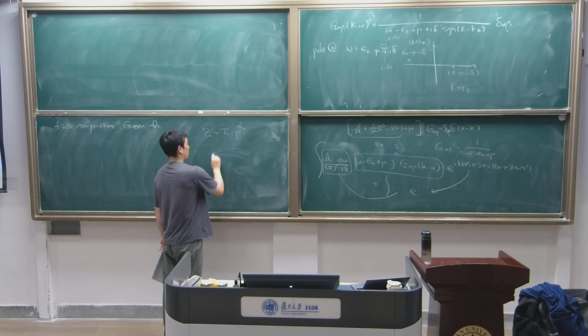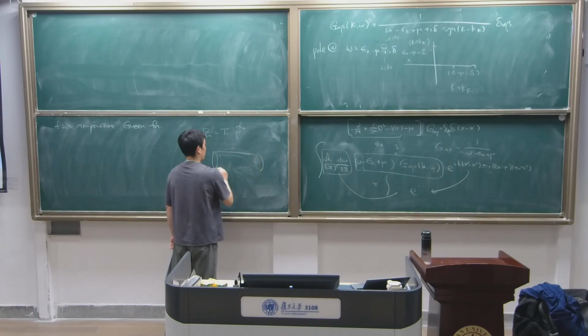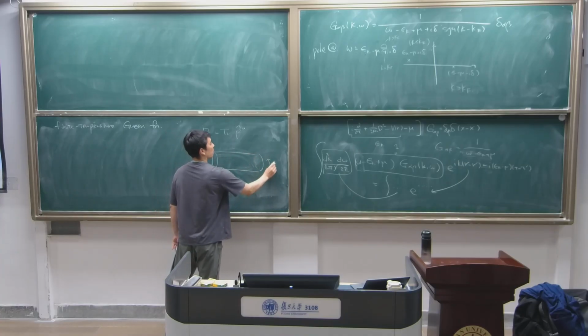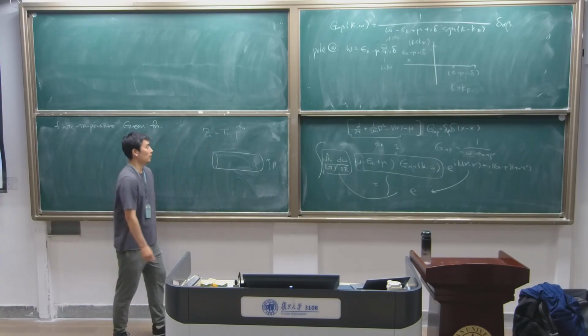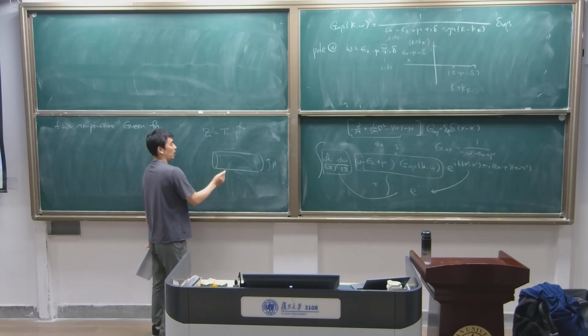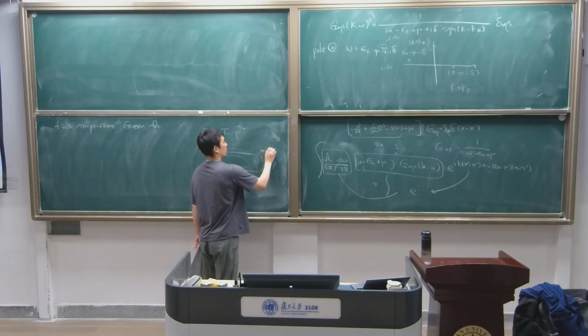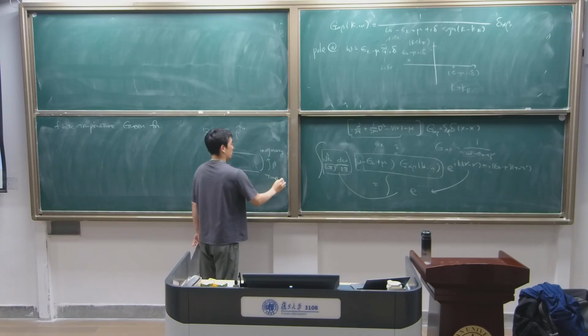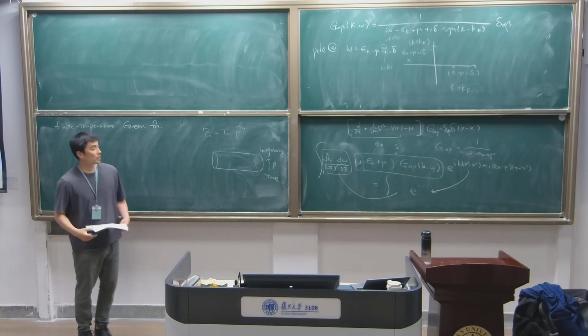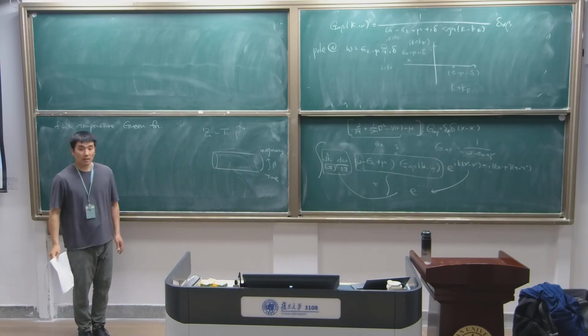Or maybe you can write time in the vertical direction like this, and then the circumference in space is given like this way. And then this is the imaginary time. So that's what we learned last time.